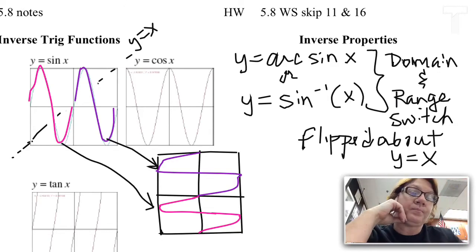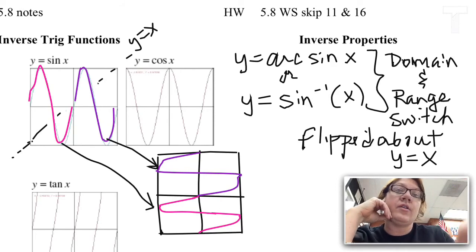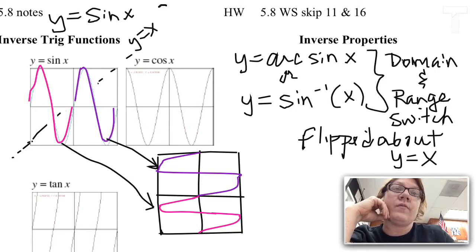All right, so now keep in mind that the domain on my sine x function, if I'm actually doing capital sine, remember that was the principal values for sine, that went from negative pi over 2 to pi over 2.